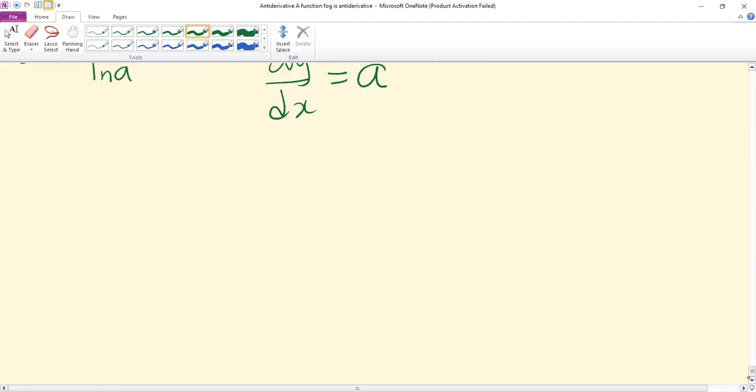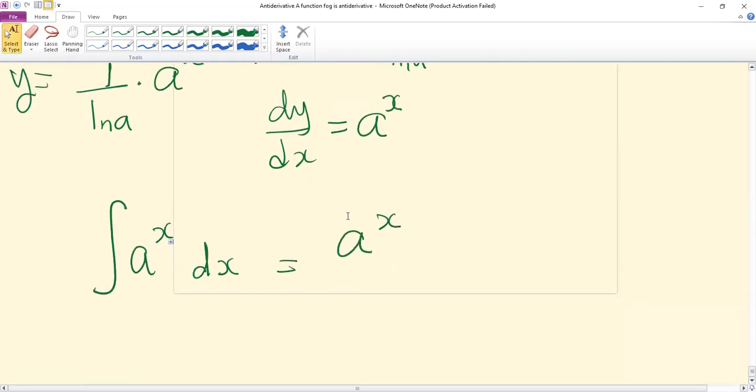So therefore, the integral of a raised power x dx is the same as a raised power x divided by ln of a, and then plus c. So that is what we have in general: the integral of a raised power x dx is a raised power x over ln of a plus c.